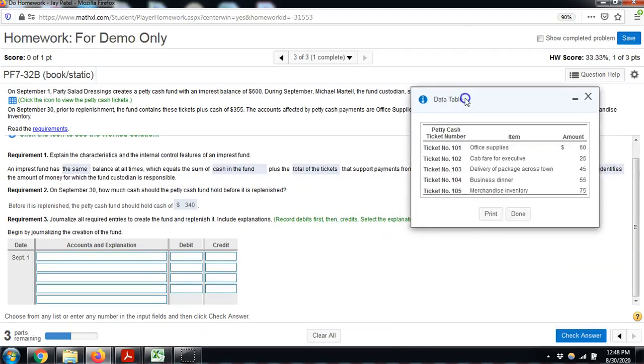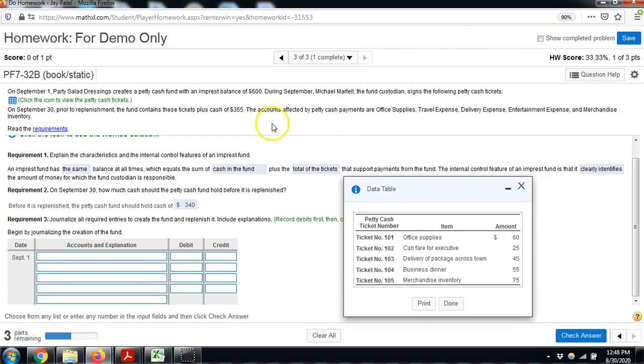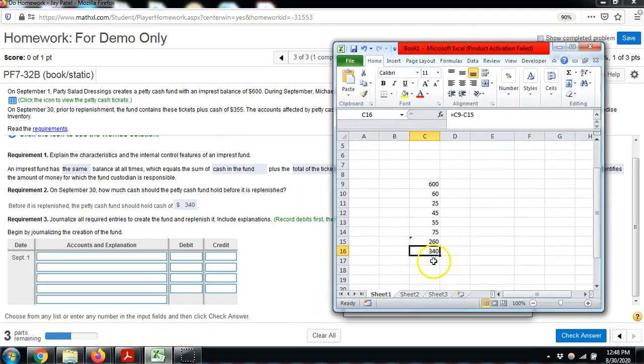There's extra money, because we should have only had $340, but there's actually $15 extra.